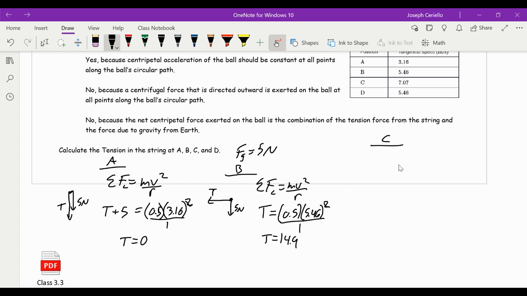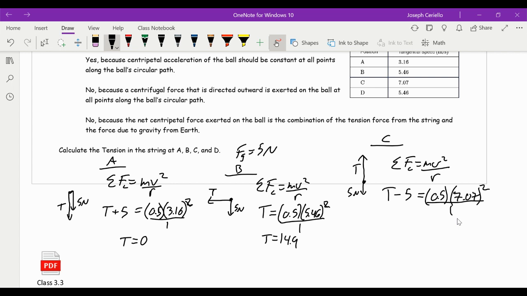And let's see C. C is interesting. Tension points up to the middle of the circle. Gravity points down. Sum of the centripetal forces equals mv squared over r. So here I have tension is positive plus a negative 5 now equals 0.5 times 7.07 squared over 1.